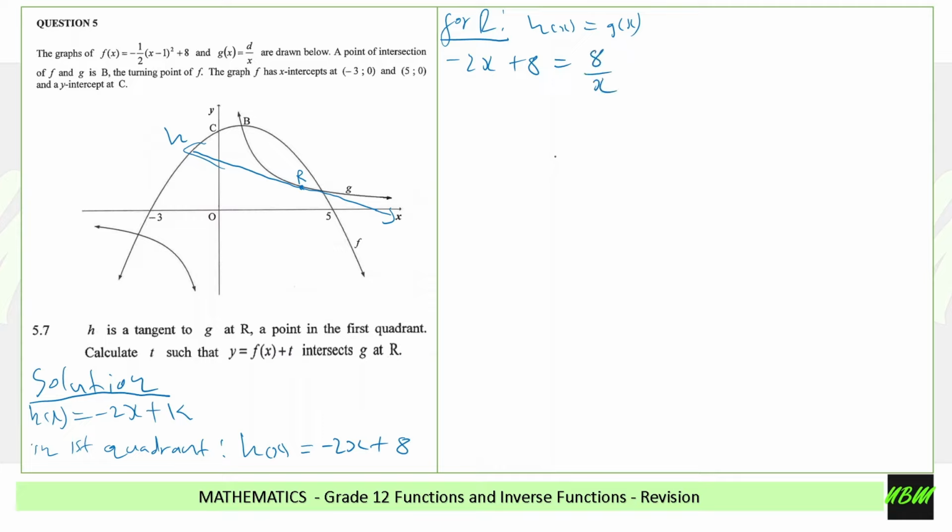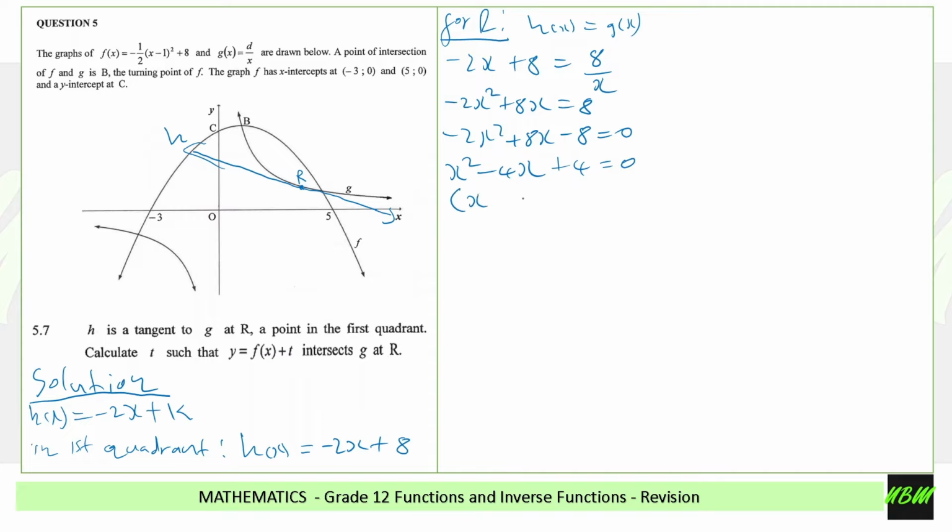And then now solve for x. Multiply both sides by x: minus 2x squared plus 8x is equal to 8. Minus 2x squared plus 8x minus 8 equals 0. Then divide throughout by minus 2: x squared minus 4x plus 4 equals 0.